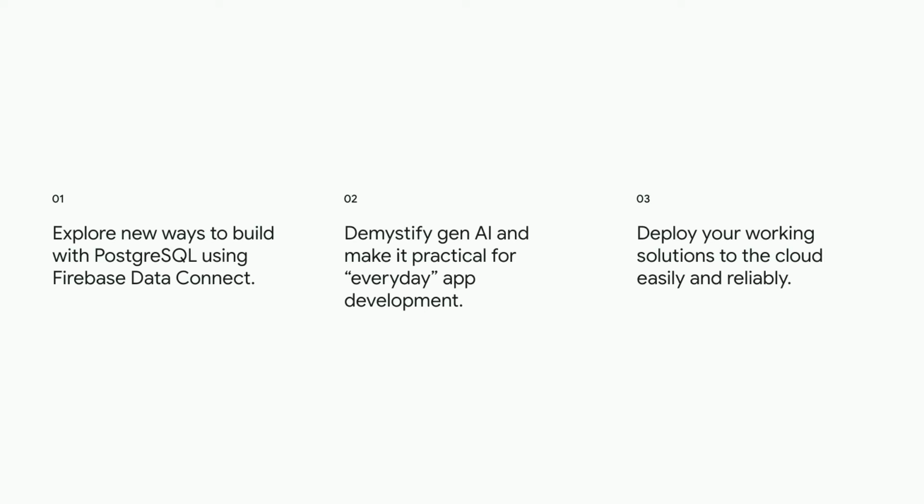Gen AI doesn't have to be something you build your entire app around. It can be something that you add here and there as a delightful little feature, or to improve your onboarding experience. And finally, we'll explore how to deploy a working Gen AI feature to the cloud using Firebase App Hosting, our brand new hosting platform that is built for modern frameworks like Next.js and Angular.